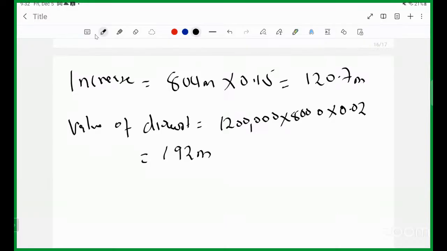Mr. Ivan, as for this figure, I am having 9.4. Of what?